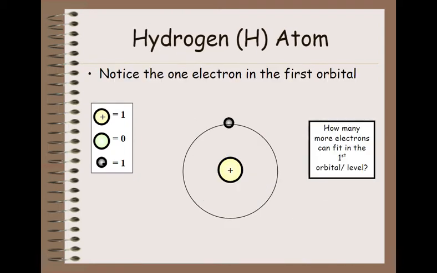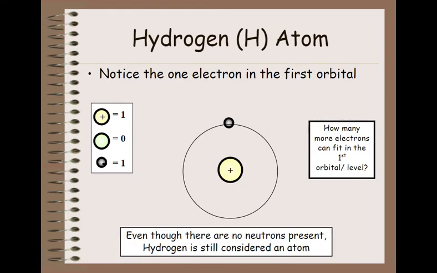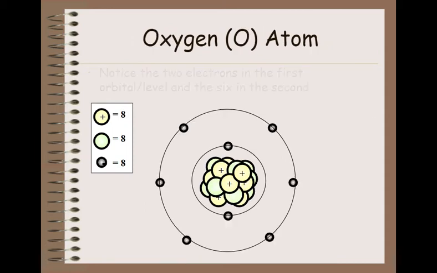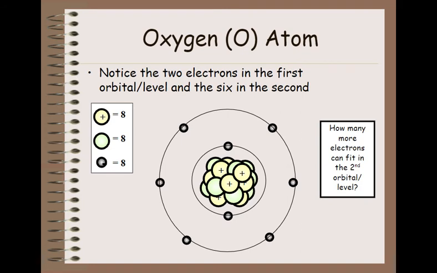If you go back to this hydrogen, hydrogen's valence shell was shell number 1 and it had 1 electron. So hydrogen only has 1 valence electron and 1 total electron, whereas oxygen has 8 total electrons, but 6 valence electrons. And that becomes very important when we begin talking about bonding.